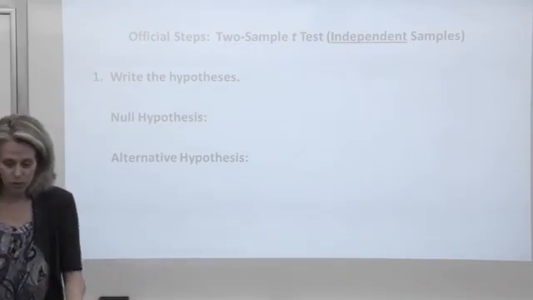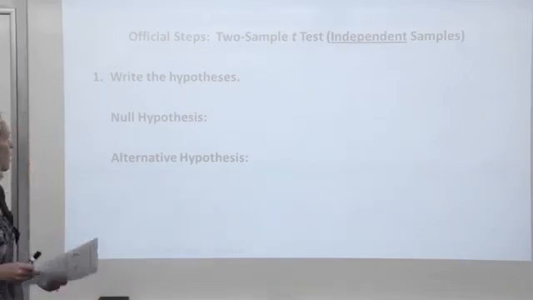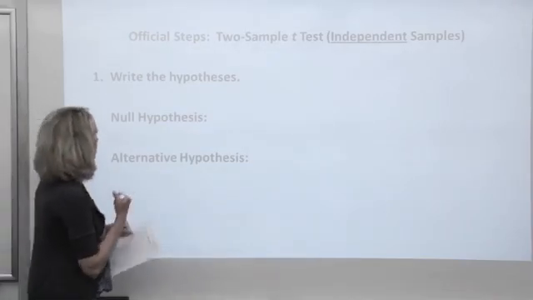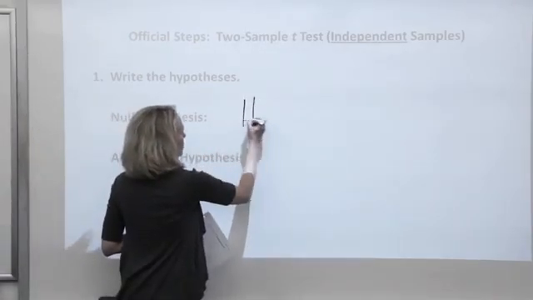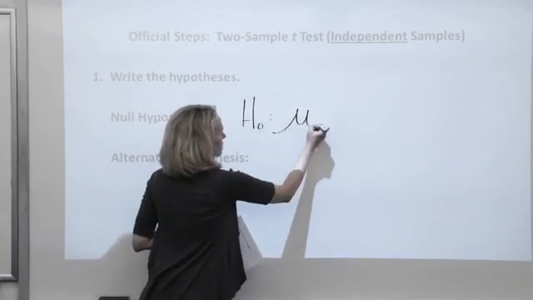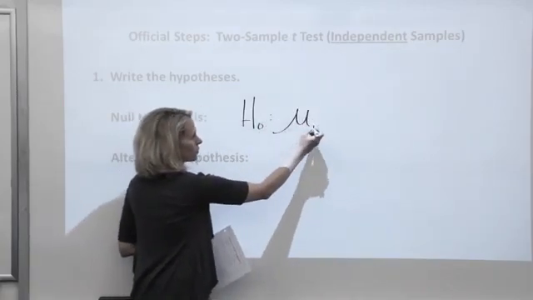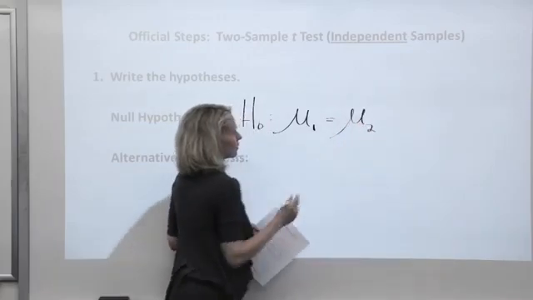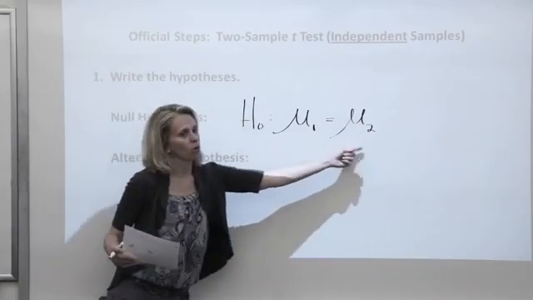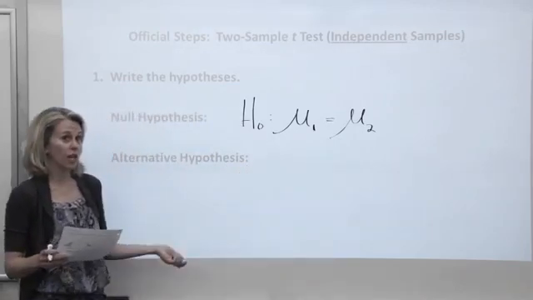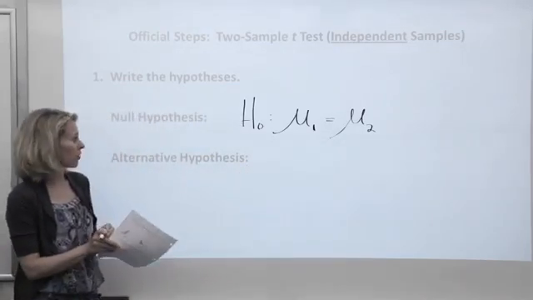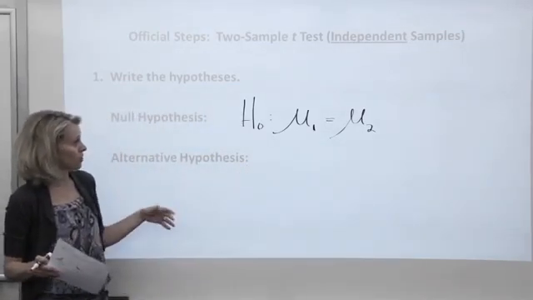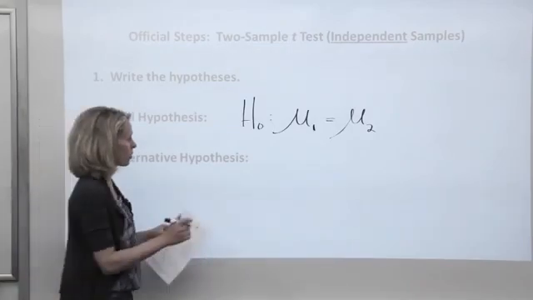The first thing you do is write your two hypotheses. When we have two means, for your null hypothesis, you'll be testing to see: is the mean from the first group the same as the mean from the second group? The null hypothesis will always assume that those two are the same, and then we'll be looking for evidence that they're different or that one of them is bigger than the other one.